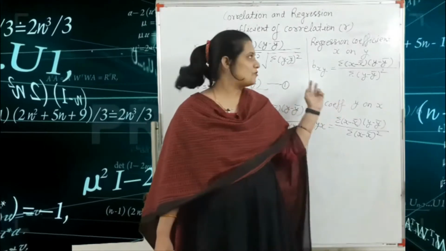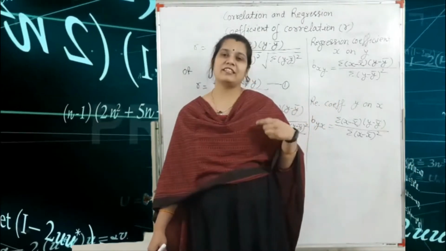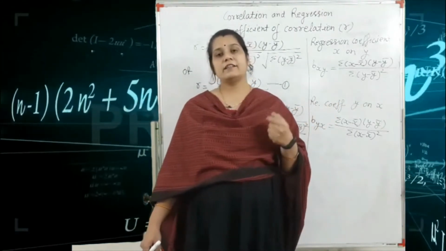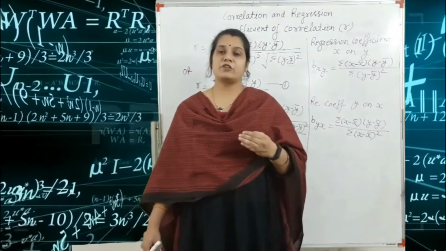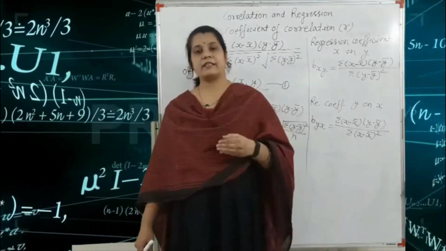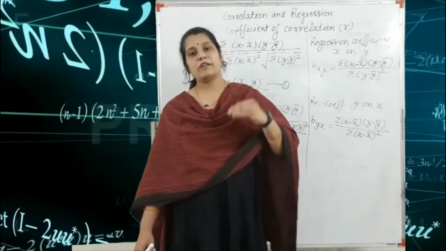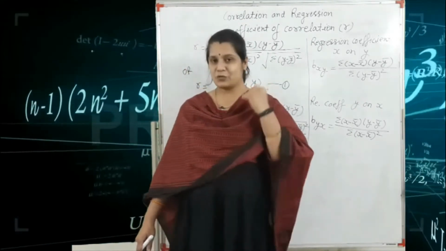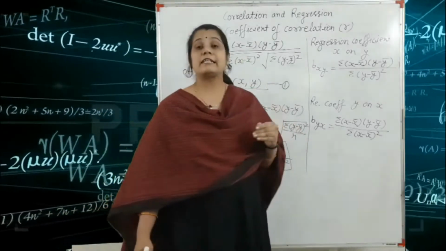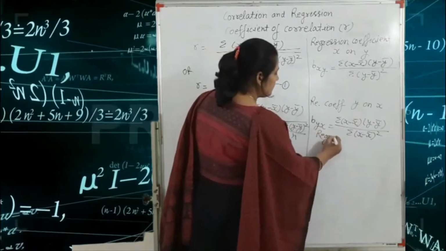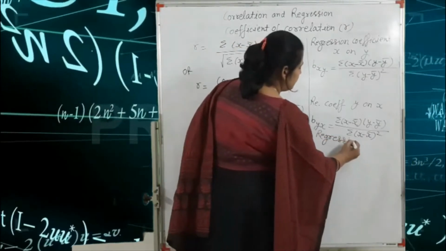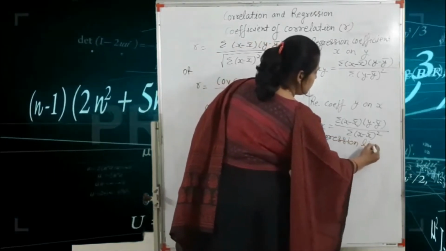Okay, so these two formulas depend on the regression coefficient, and in our topic we have two types of the regression coefficient: the regression coefficient y on x and the regression coefficient x on y. Next two formulas are the regression line.